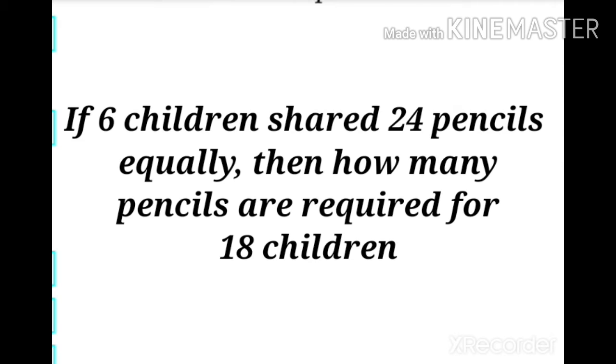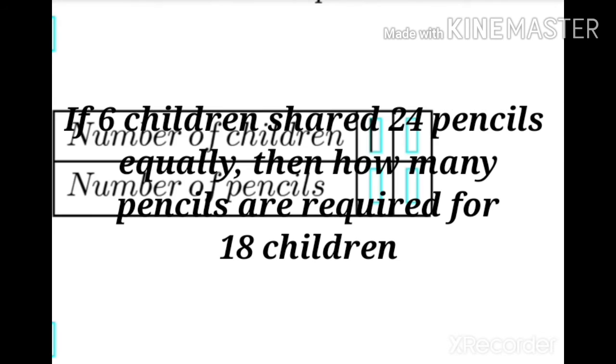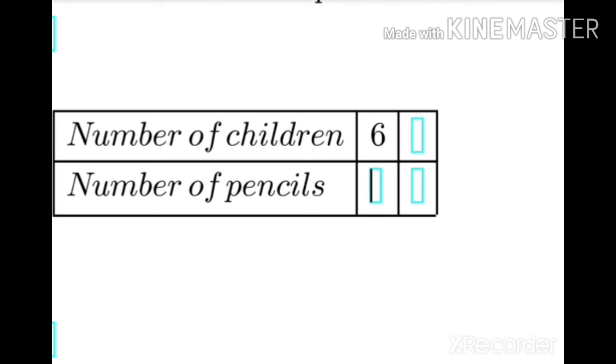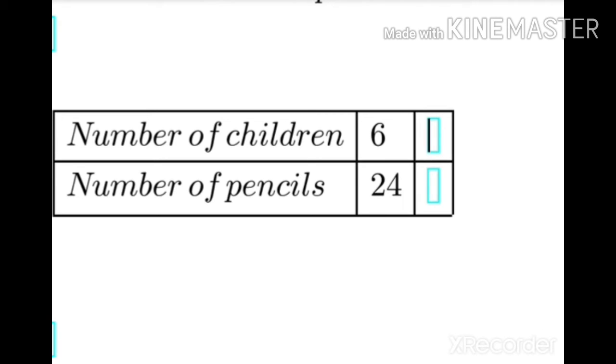Okay, first we write this in the form of a tabular column. In the question, we have first 6 children and they equally shared the number of pencils, which is 24. And next we are going to find for the 18 children. We do not know how many pencils they need.